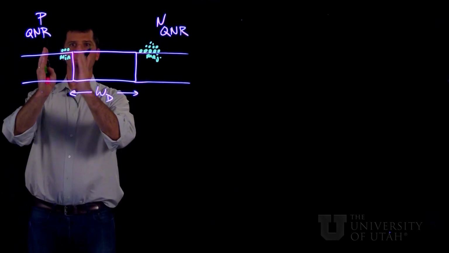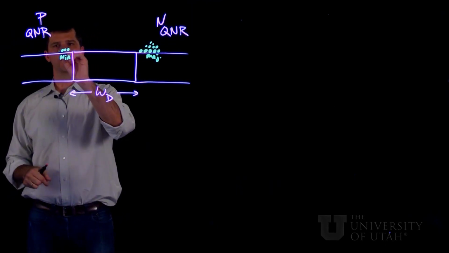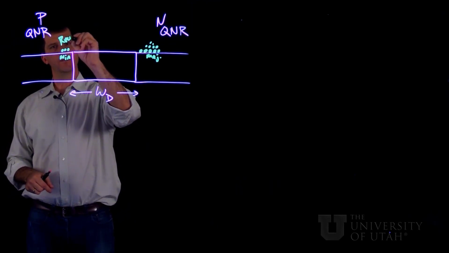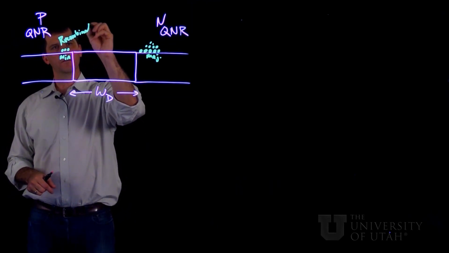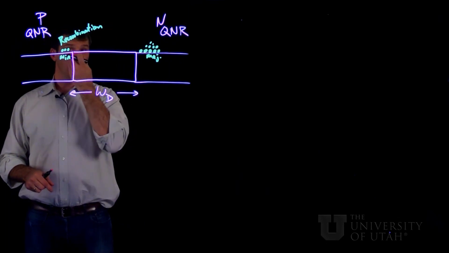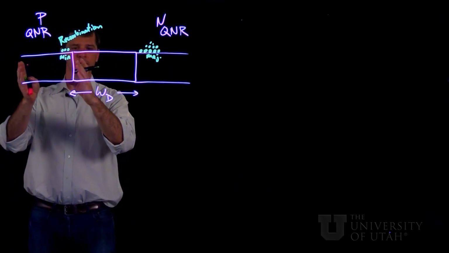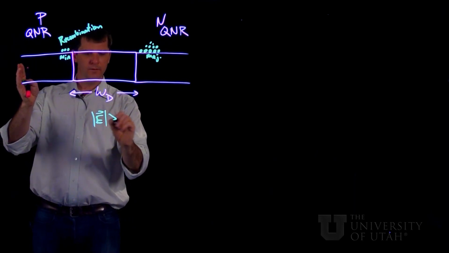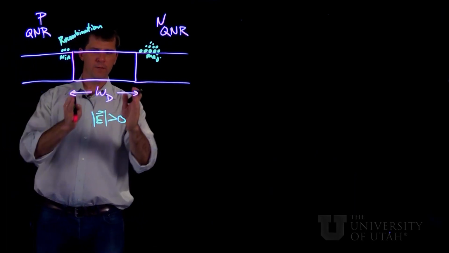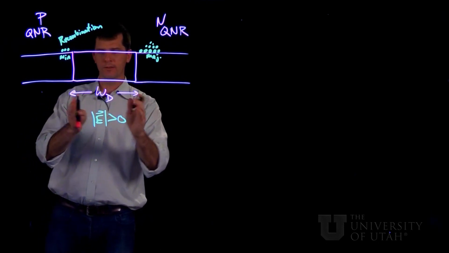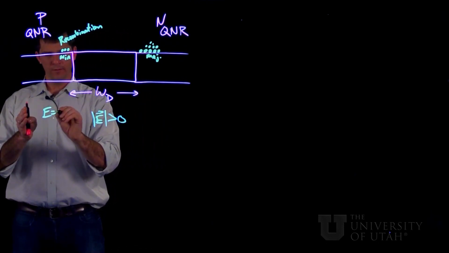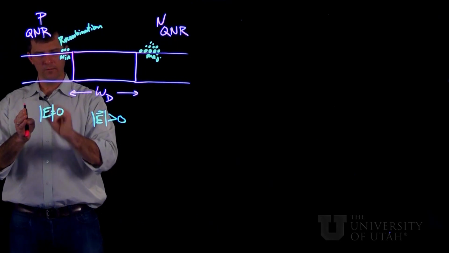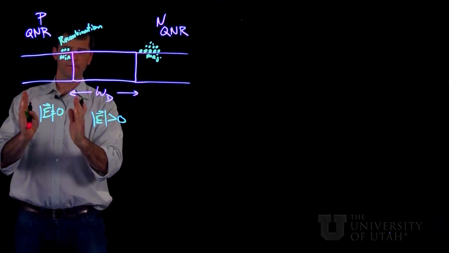So in this region, when they get injected into the quasi-neutral region, we're going to have recombination. But we'll also have diffusion. So the E field magnitude is greater than 0 inside of the depletion width, but the E field is 0 in each of the quasi-neutral regions.